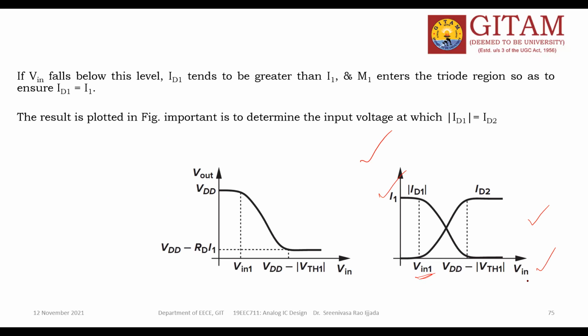Whenever your input voltage crosses this Vn1, at that time ID2 is 0. Both are different transistors.